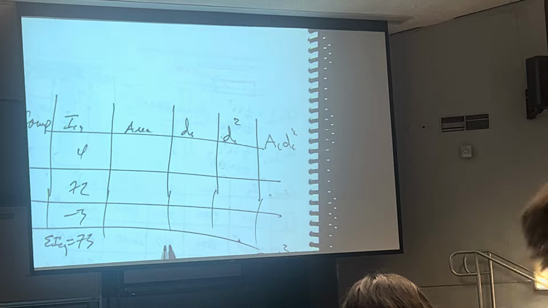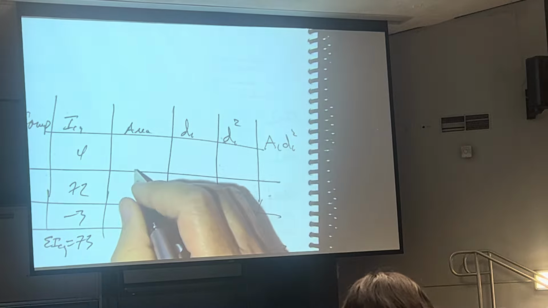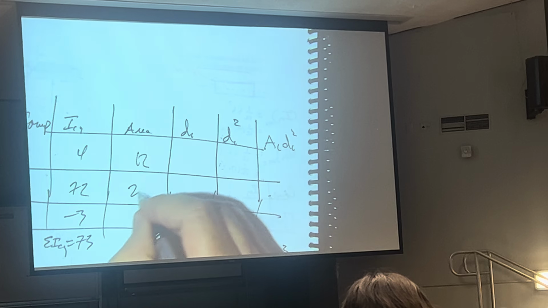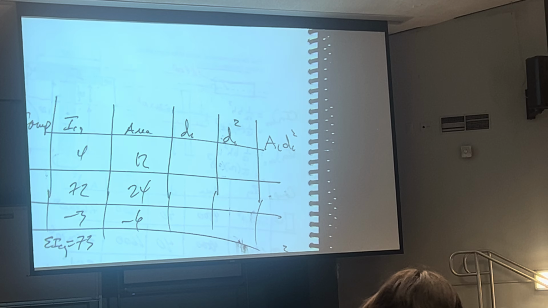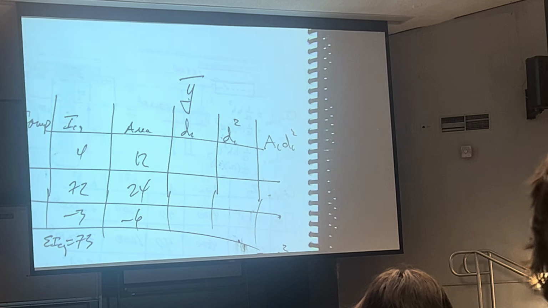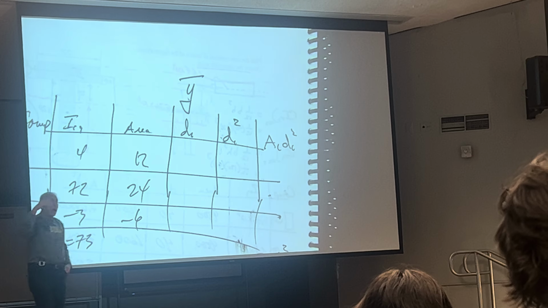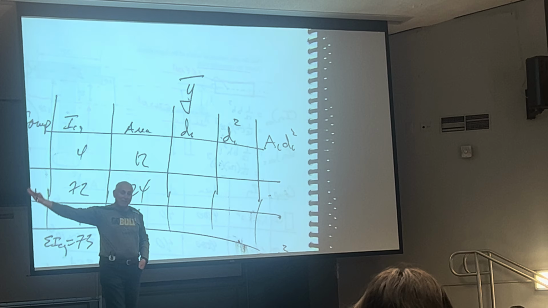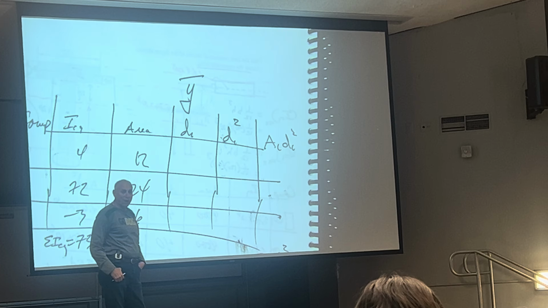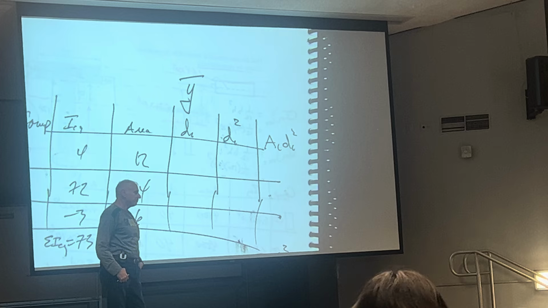Go to your centroid, copy over the areas. What are the areas? Well, the areas were 12, 24, minus 6. Go to your centroid and give me the y bars. Because remember, I'm doing the area moment of inertia about the base of the figure. I'm not doing it about the centroid yet. What are my y bars?